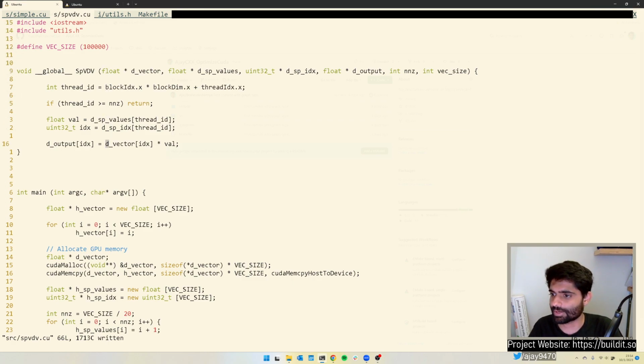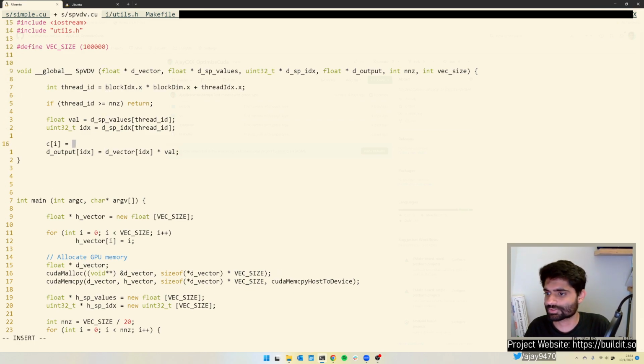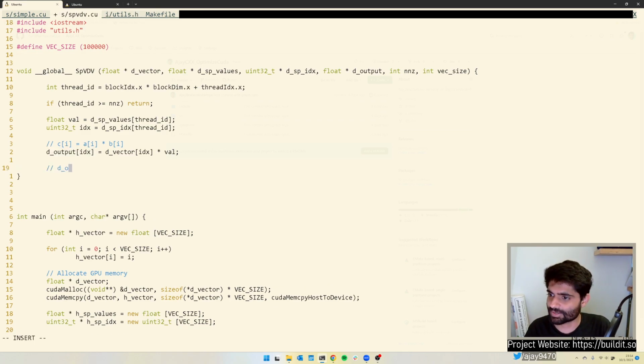If you look at this operation where I'm trying to do C of I equals A of I times B of I, if you actually simplify this, this becomes d_output of d_sp.idx of thread ID equals d_vector of d_sp.idx of thread ID times d_sp.values of thread ID.